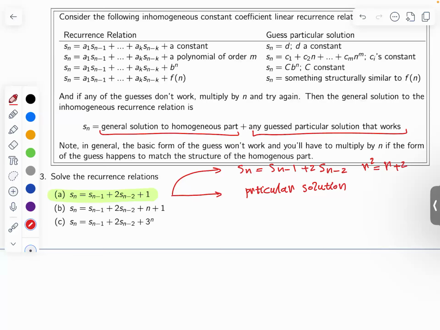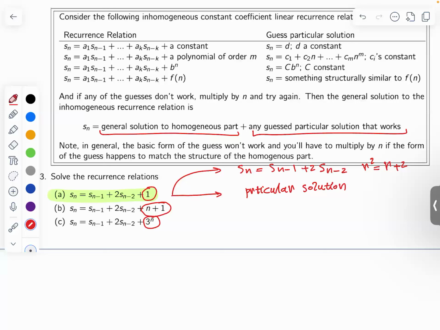And the particular solution depends on the type of the non-homogeneous part. For part B, the non-homogeneous part is this one. For part C, the non-homogeneous part is 3 power n.